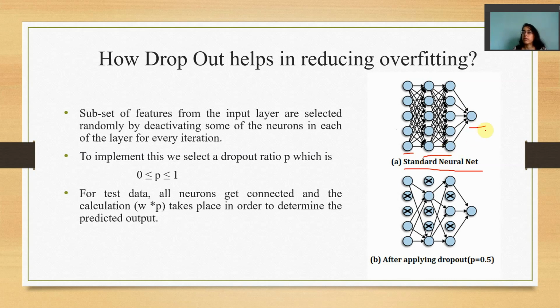So in our practical case the number of hidden layers will not be 2. But for your simplicity, in order to explain to you, I have taken only 2 hidden layers so that you will understand the concept of the dropout well. Now this is the standard neural network.